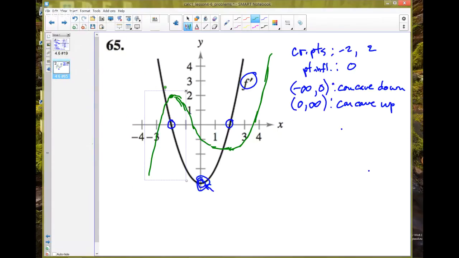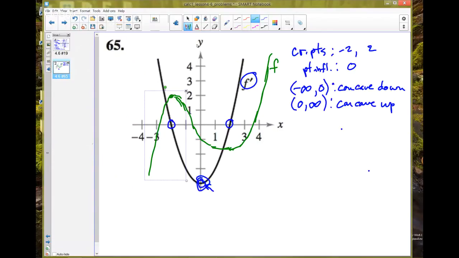So I pretty much know that's the shape of the function. I do not know what height it is. So that whole green curve could be shifted up or down. We just don't know. So that's about what we can tell about the original function. So this is the f function.